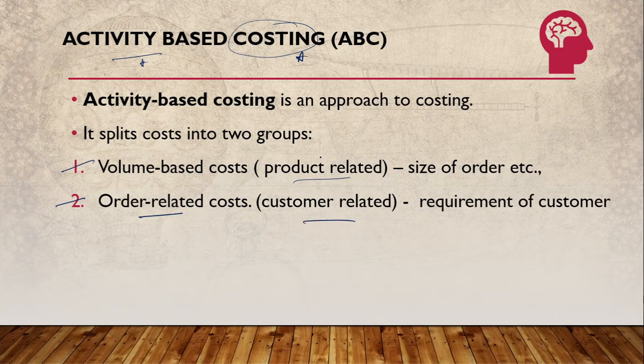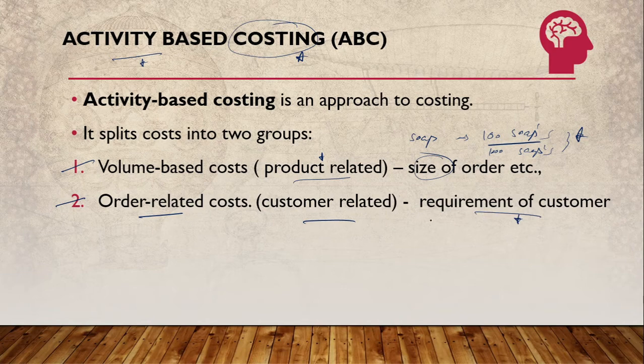So product related is, let us say if you are purchasing soap, and let's say you are getting an order of 100 soaps, when you are selling 100 soaps at a time or 1,000 soaps at a time, then this will give an idea as to how much cost is involved. Likewise, when you come to the customer, sometimes the requirement of the customer will change.